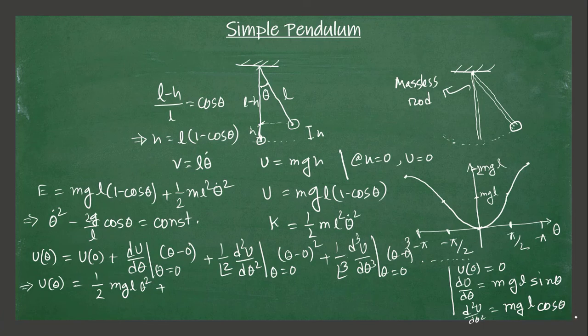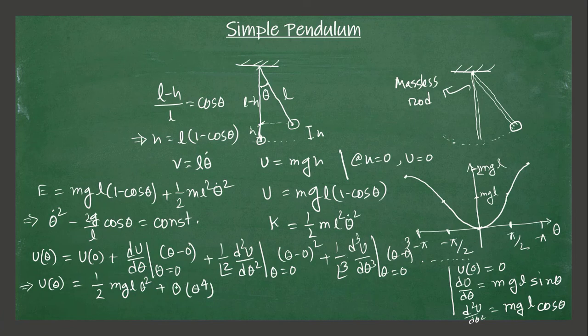So the odd terms here, where powers are 1, 3, 5, will be 0. So the next term will contain theta to the power 4. So we can say that we'll have the rest of the terms which will be of the order theta to the power 4.